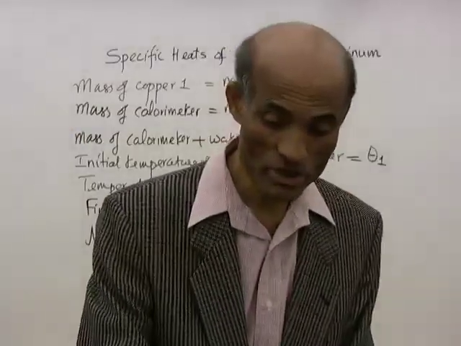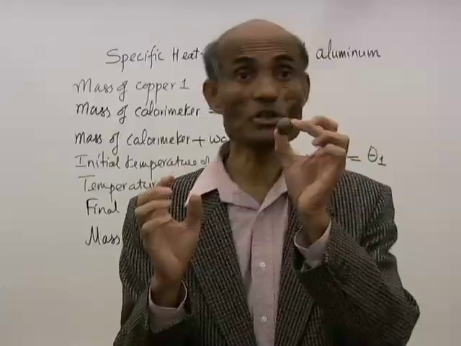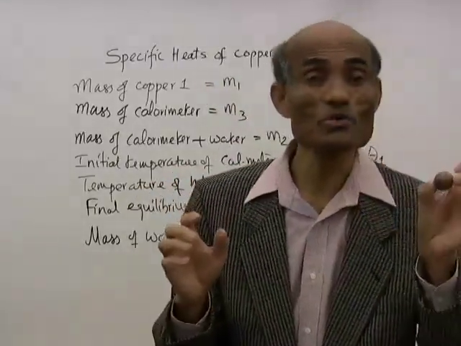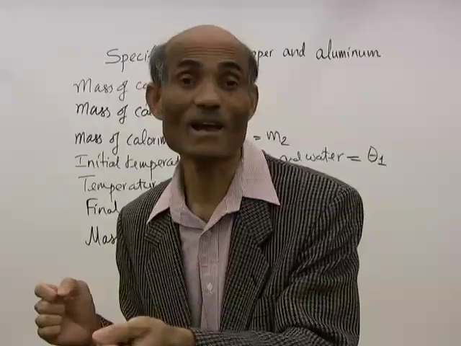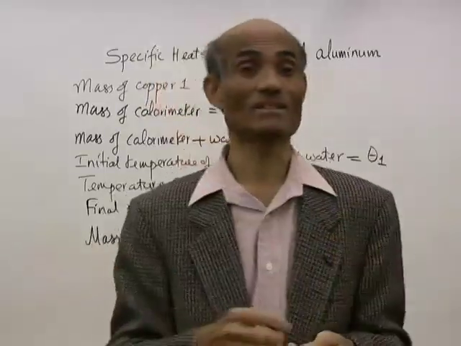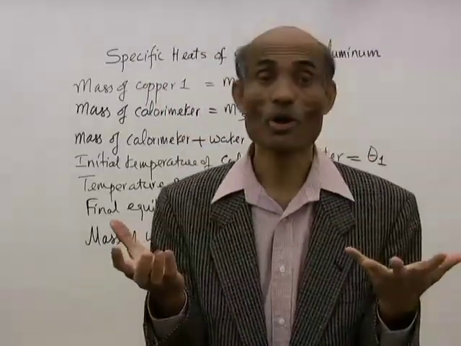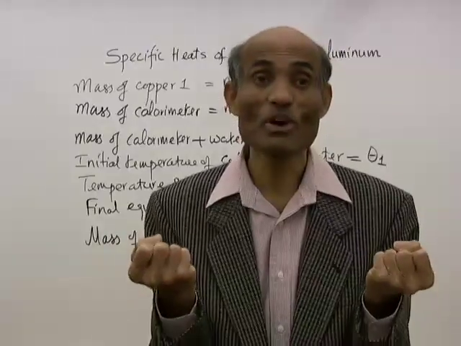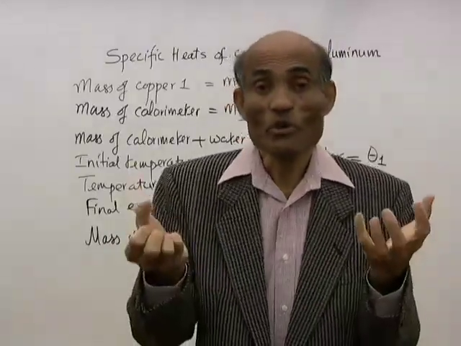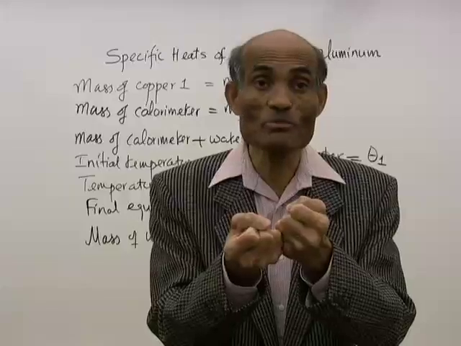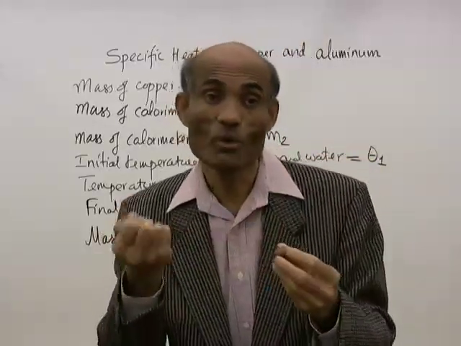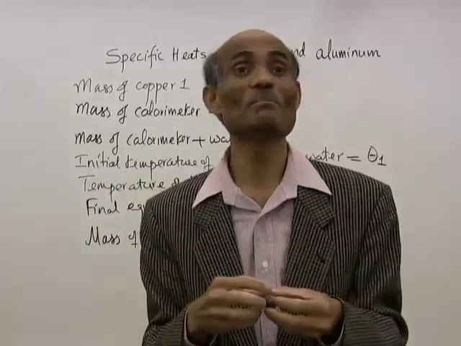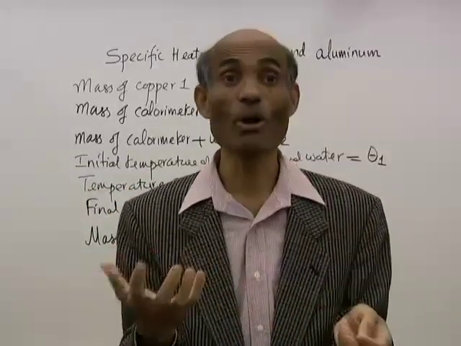Now, what is the process happening here? The hot solid will lose heat and the cold water and calorimeter will gain heat. Now, what is the principle of method of mixtures? When you mix cold objects with hot objects, the amount of heat lost by hot objects will be equal to the amount of heat gained by the cold objects.